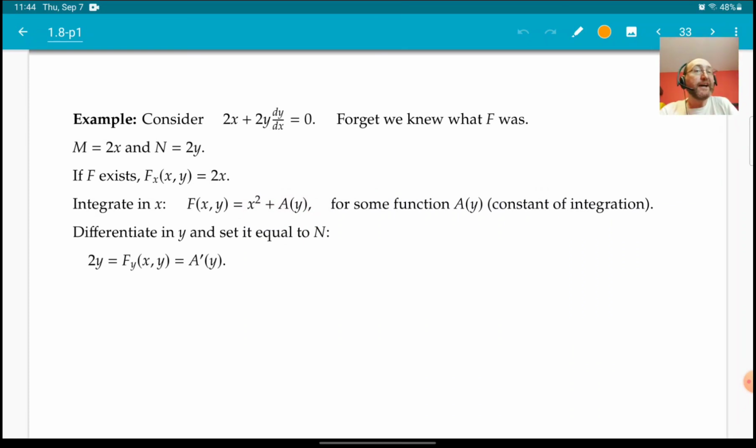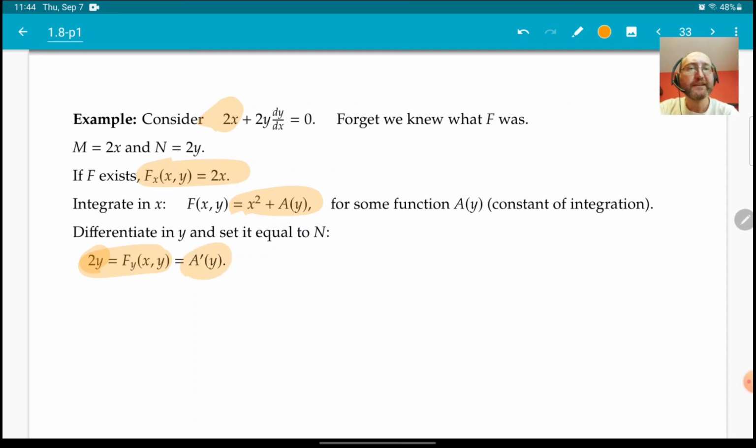All right. So now that means we're getting the 2x. But we also want the other one. We want that f sub y is 2y, right? So we just do it. We know that f has this form, and we take the derivative with respect to y. That means treating x as constant and differentiating in y, and a is just a function of one variable.